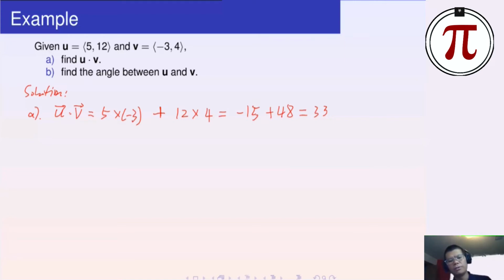So we have u dot v is 33. Okay, so that's part A.